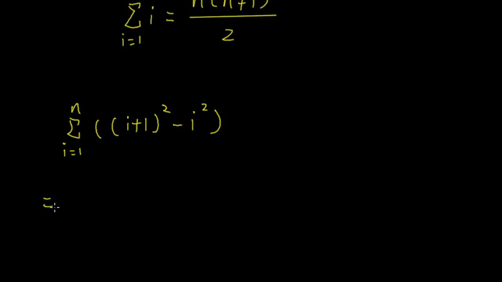This is equal to the sum of i equals 1, right? And now (i plus 1) all squared is basically (i plus 1) times (i plus 1), minus i squared.